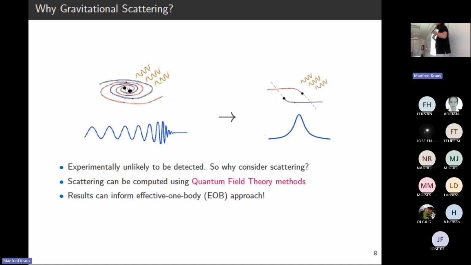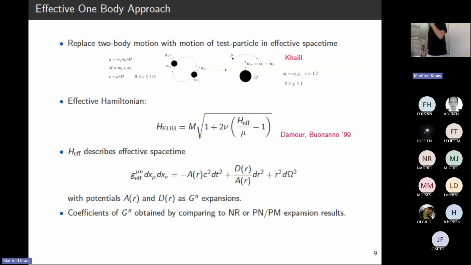The physics that is happening is the same, but it's a matter of initial conditions. So how does this putting it back together work? In order to build these analytical models, we're using the so-called effective one-body approach.